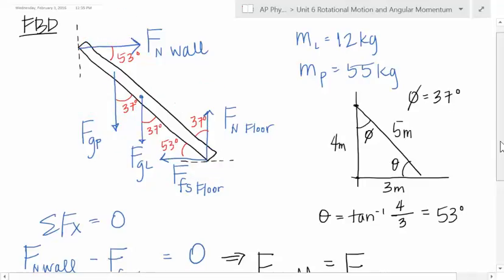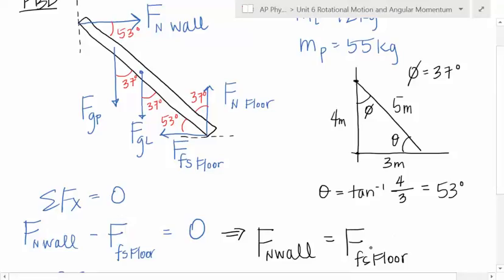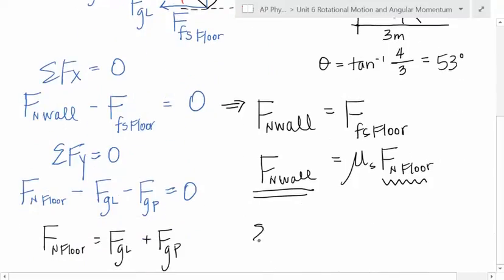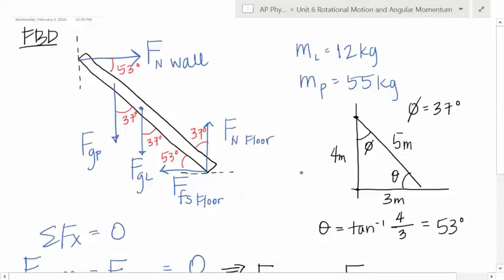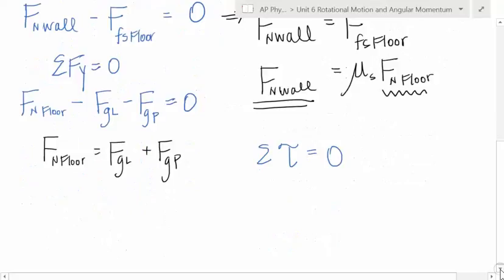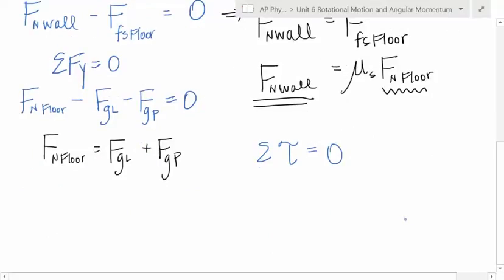All right, so now let's sum the torque. So the normal force from the wall, actually let me change a color here. So when I sum the torque on the system about the floor, if I don't want it to rotate, if I don't want it to slip and slide, then the torque has to be balanced.